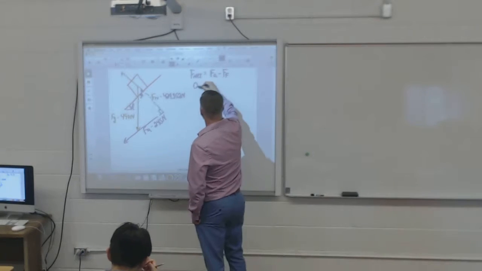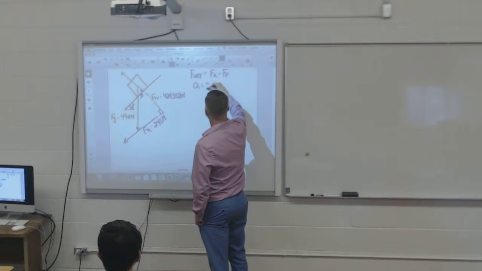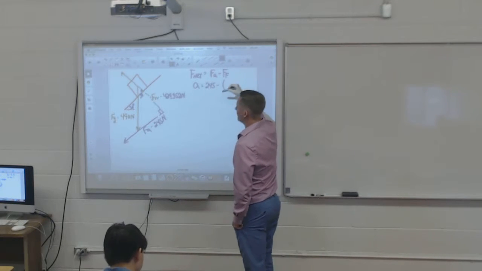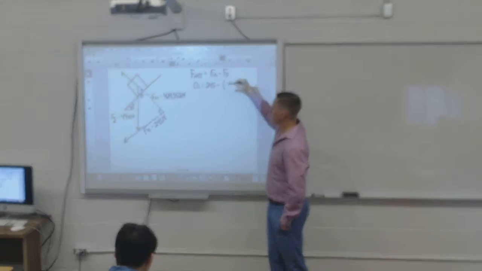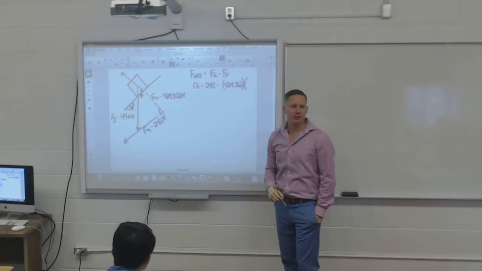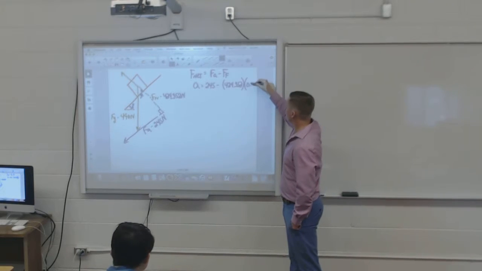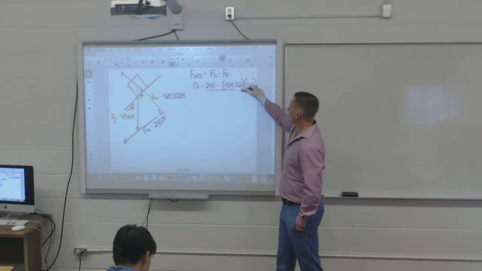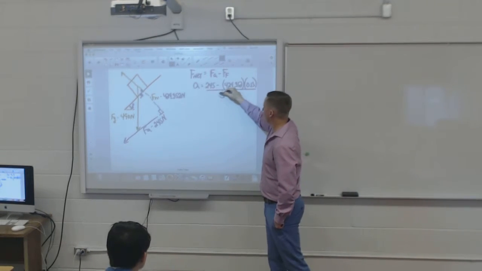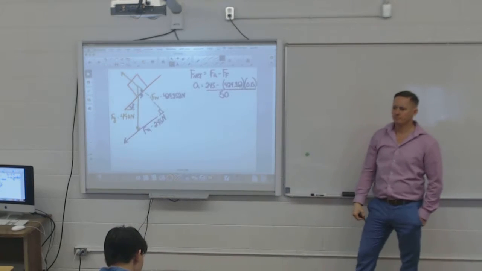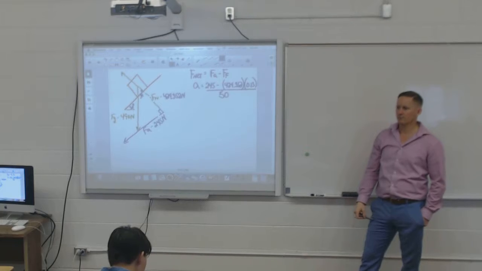So what's my acceleration equal to? 245 minus my normal force, 424.352, times my coefficient of friction, which is 0.15. All divided by 50. That's exactly what we're supposed to do in the test too.